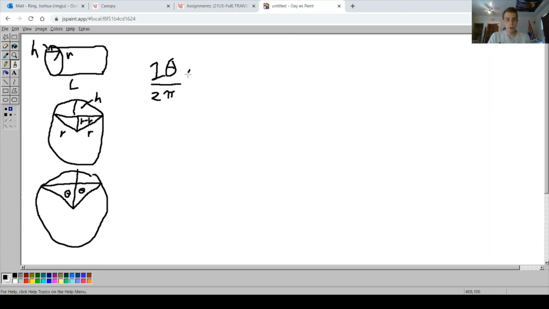And then we'll multiply that by the area of the circle, which is pi r squared. So as you can see, the 2's cancel out, the pi's cancel out, leaving us with theta r squared.